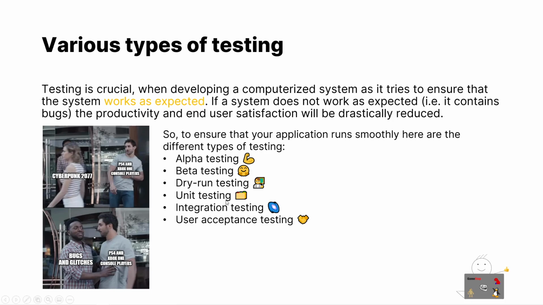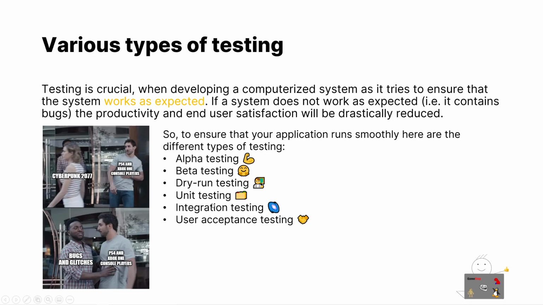Next we have dry run testing. This is testing made by the programmer, and he writes the algorithm using pen and paper and goes through the algorithm in his head and thinks what the output should look like. Unit testing is when we test only small parts of our algorithm, of our system, and see if they are working.